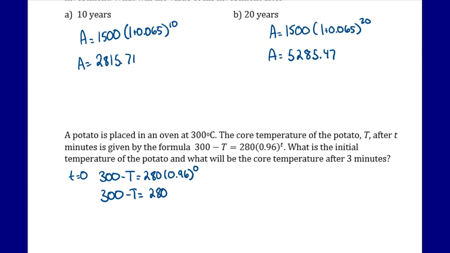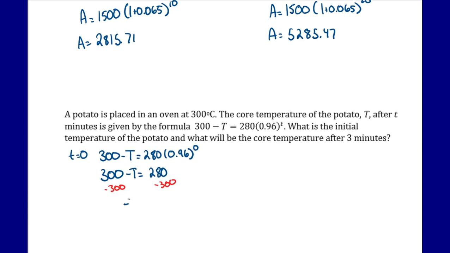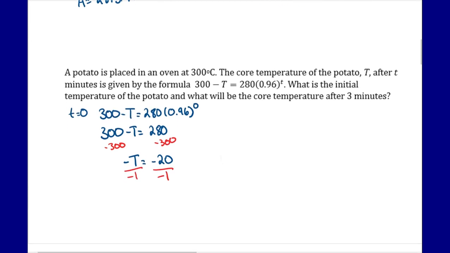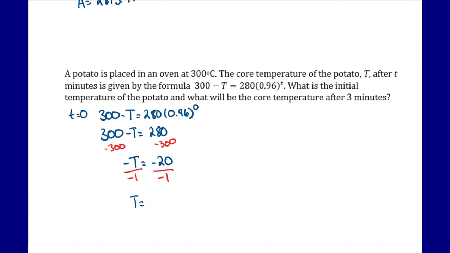And now to solve for T, we're going to minus 300 from both sides. We get negative T, because that minus doesn't disappear. Negative T equals negative 20. Divide by negative 1 to cancel out that negative in front. We get T is equal to 20.